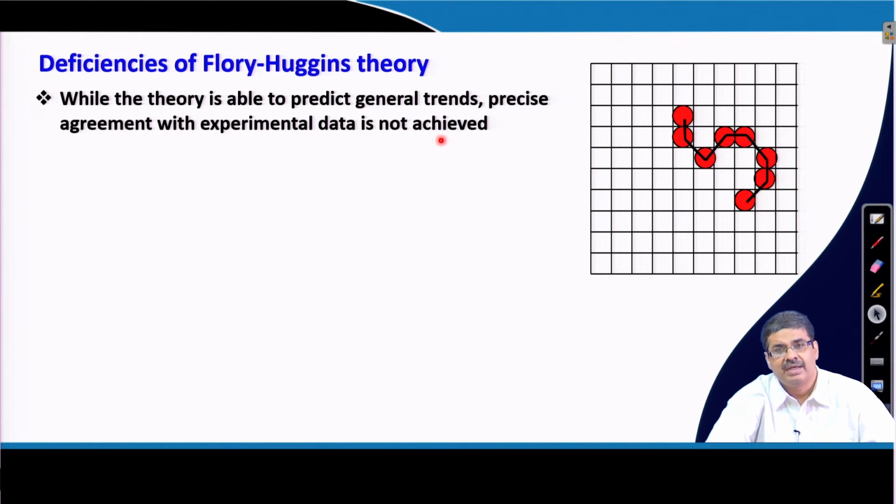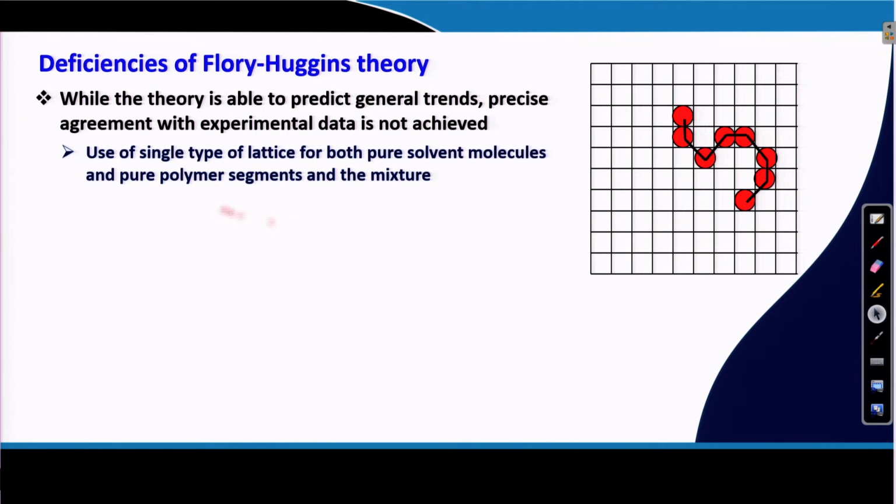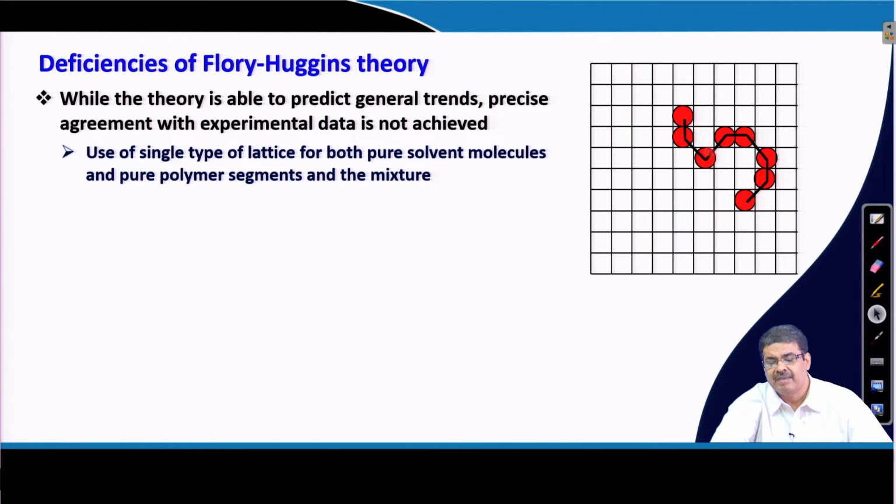This is because several assumptions were made during the derivation of Flory-Huggins theory. For example, a single type of cell was utilized for solvent molecules and polymer segments, which may not be very applicable for polymer segments.